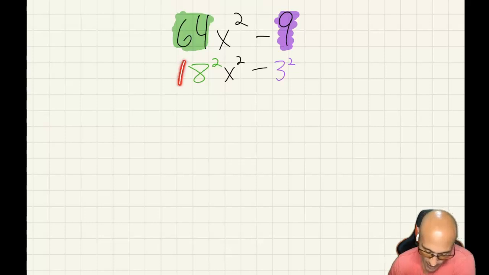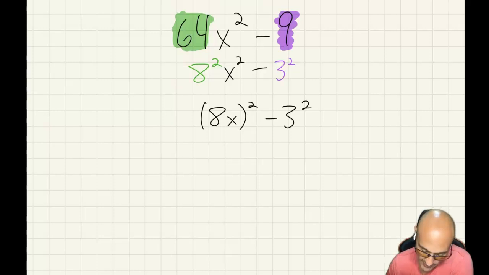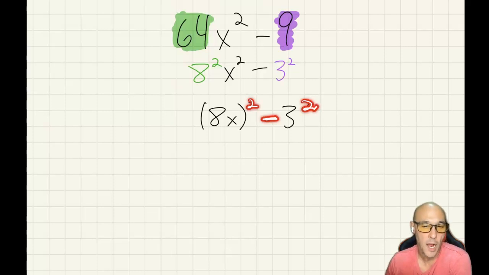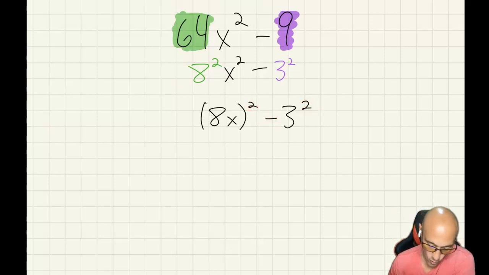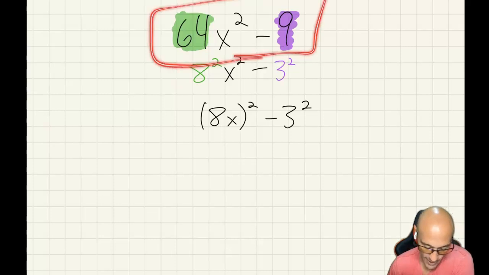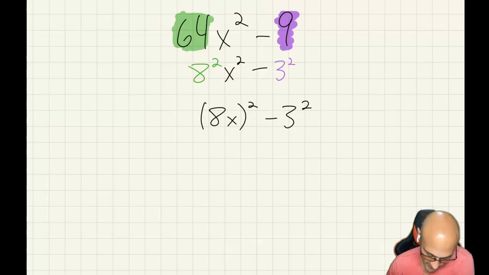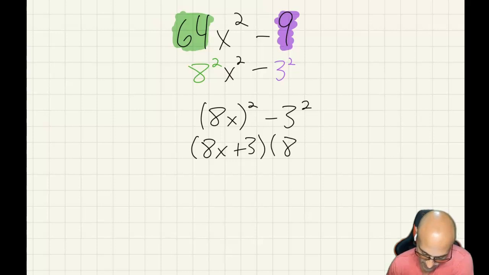So now we're gonna rewrite this as 8x squared minus 3 squared. So now look, it's a difference of squares. And that's why this kind of problem is called a difference of squares. And it turns out that when we have a difference of squares, there's an easy way that it factors, like this.